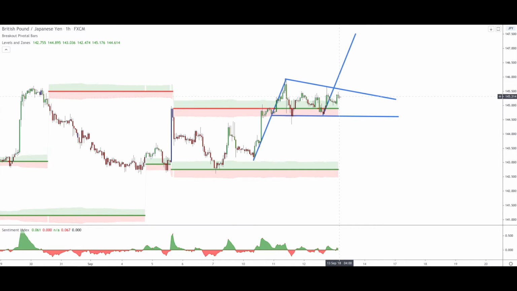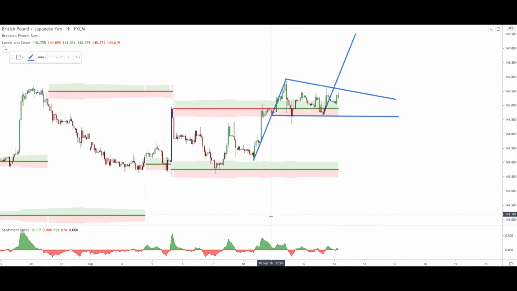Moreover, the price action is moving higher, and it is consolidating with a pattern that is usually bullish, and the breakout pivotal bars is green as well, so the candles are green. And when we are looking for a break up, we want the candles of the breakout pivotal bars to be green to confirm the uptrend movement.